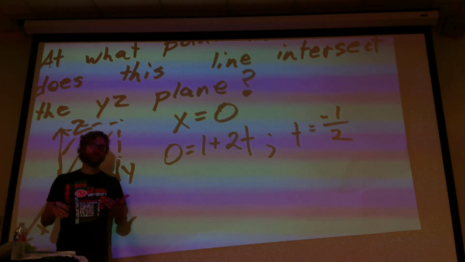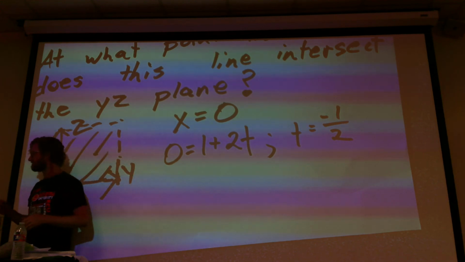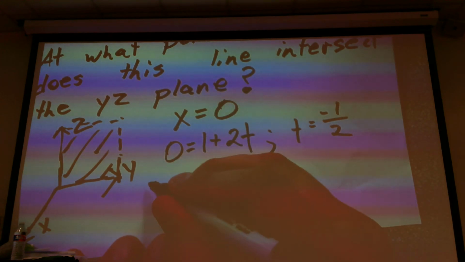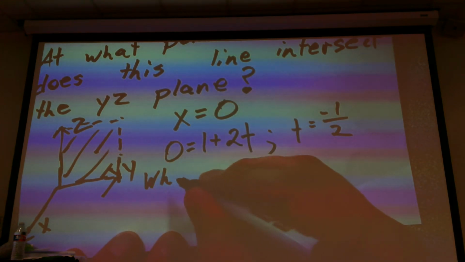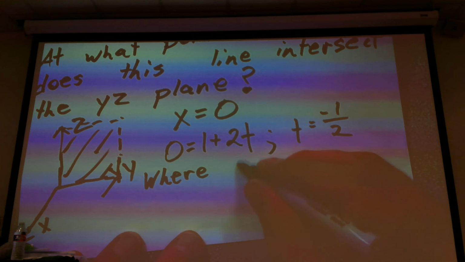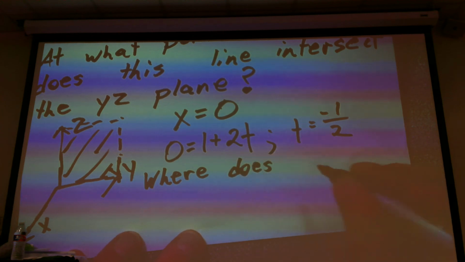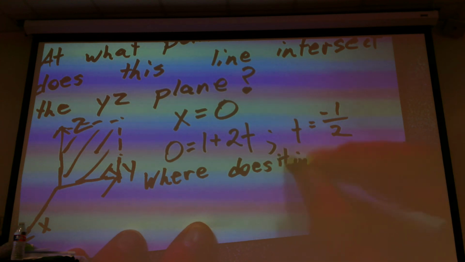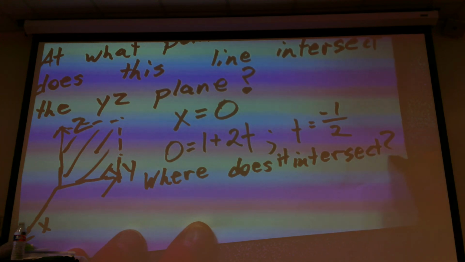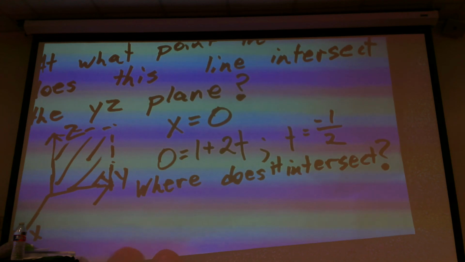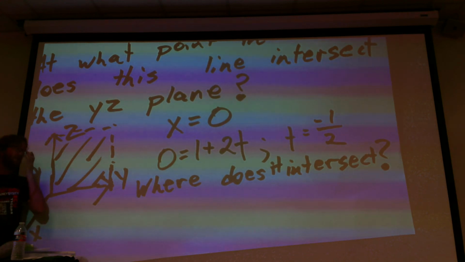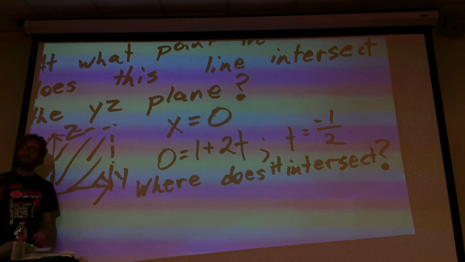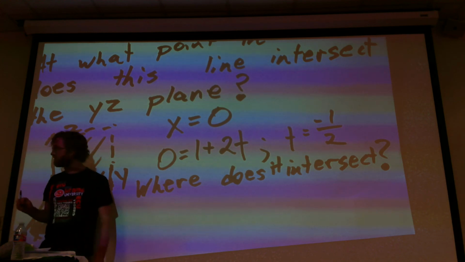Now let's ask the question of where does it intersect? So I know my point in time, and I'm going to plug that point in time into those parametric equations.